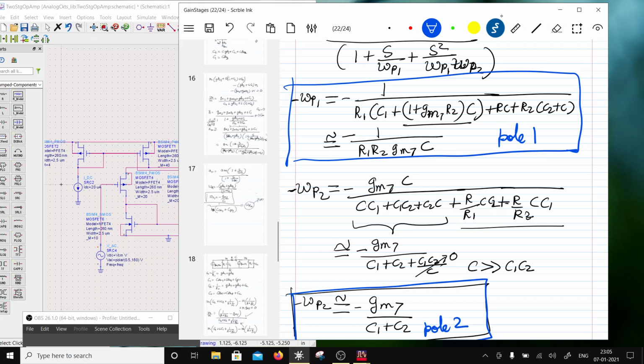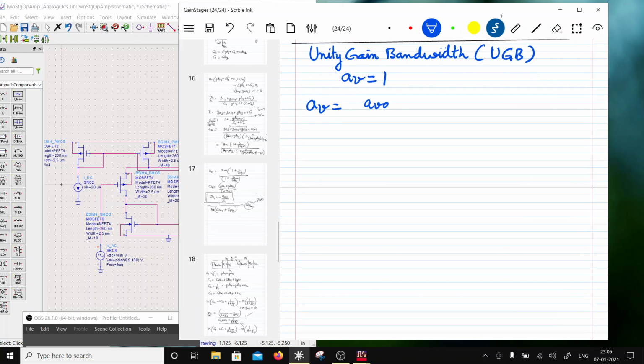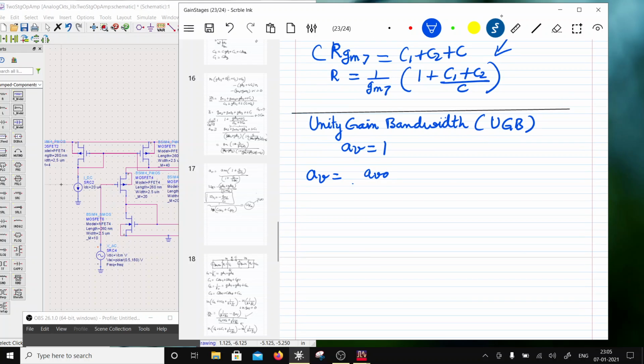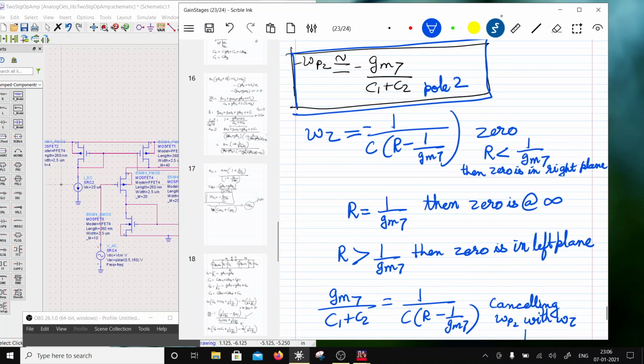So I would have AV0 over 1 plus R1 R2 GM7 C S. This is just the first pole, right?